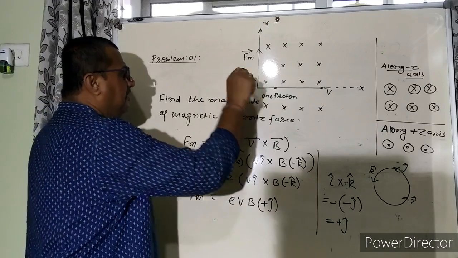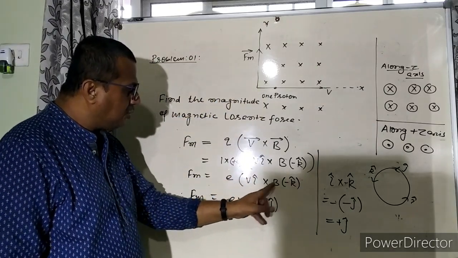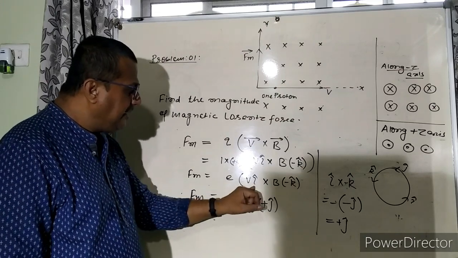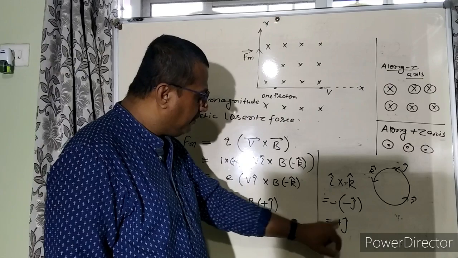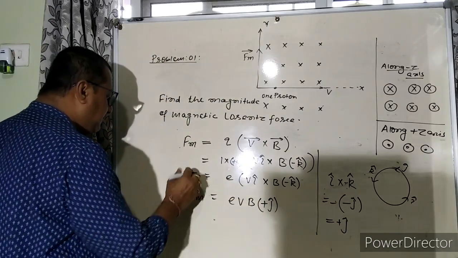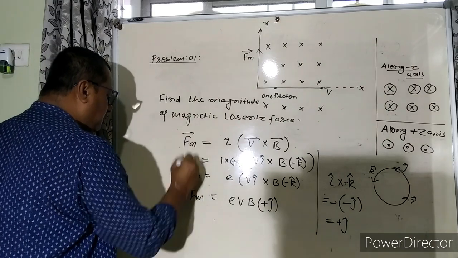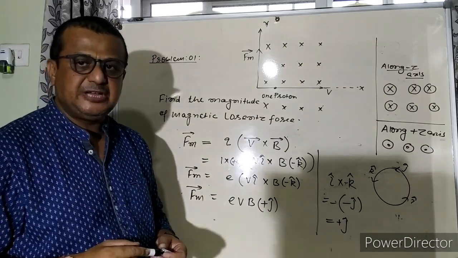This is the k inside, that is minus k. So V i cross B minus k, i cross minus k will be equal to minus j, so plus j. So the magnetic Lorentz force will be equal to E V B plus j cap.